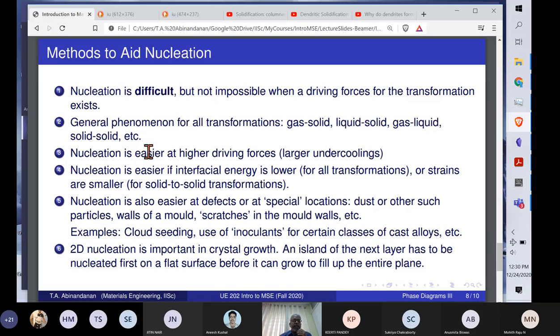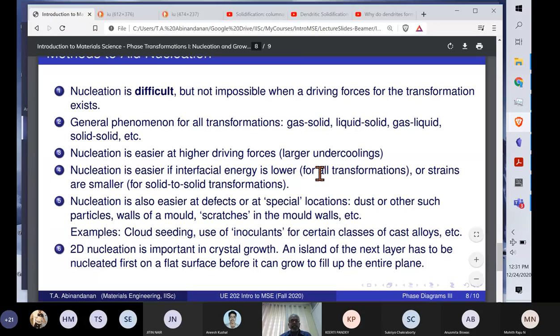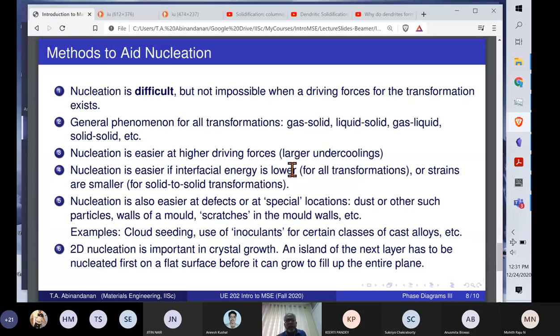And of course, from the equation we can see that nucleation is easier at higher driving forces. And nucleation is also easier if the interfacial energy is lower. This is for all transformations. It is difficult to see for liquid to solid transformation how the interfacial energy can be lower. But in the case of solid to solid transformations, eventually you will study various kinds of solid to solid interfaces.